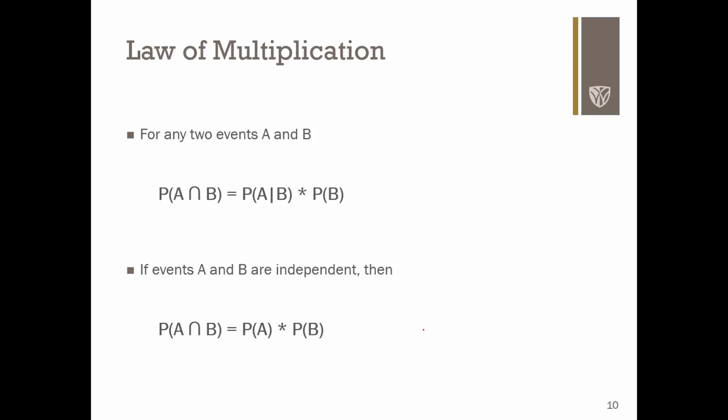We need to establish the concept of independence because not only is it related to conditional probability, it's also related to the probability of a joint event occurring. So for any two events A and B, the probability that both A and B occur is just the probability of A given B times the probability of B. What we're talking about here is if we have two events A and B, we're talking about this overlap.